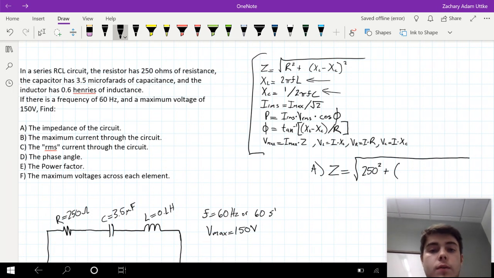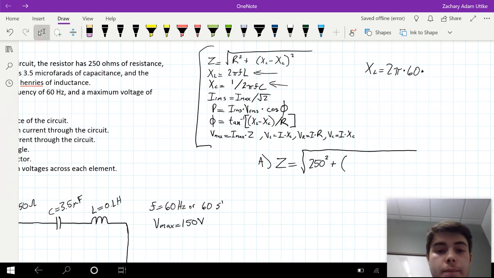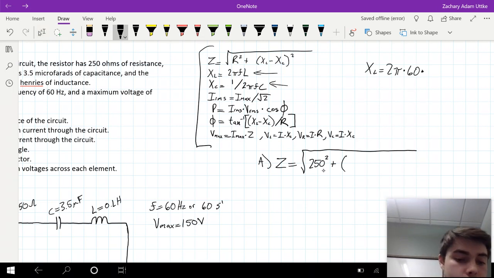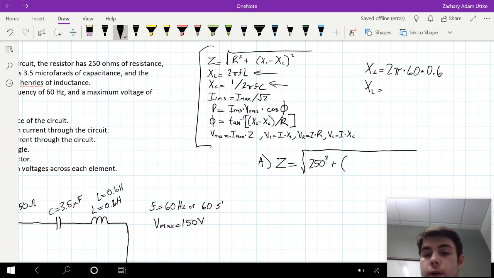So let's start by finding what X_L, the reactance from the inductor, is. So X_L equals 2 pi times our frequency of 60 hertz times the inductance of 0.6 henries. So L equals 0.6 henries. Like that. Okay? So let's see what our calculator gives us. So 2 pi times 60 times 0.6, we get 226.2.